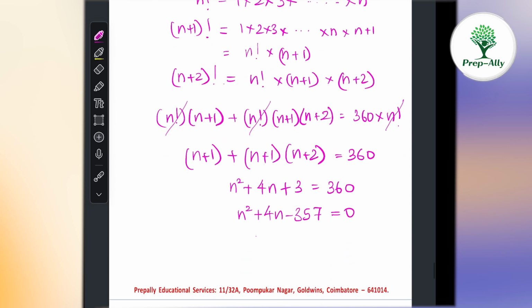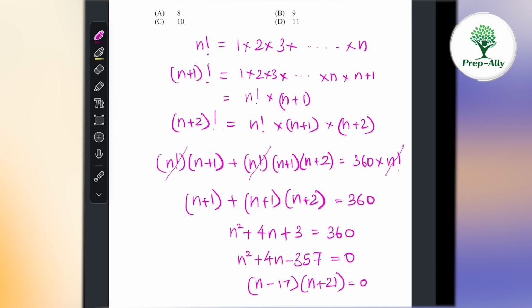So this factorizes as n minus 17 times n plus 21 equals 0, but the factorial notation is a product of all positive integers from 1 up to n. So we only take n equals 17, right?